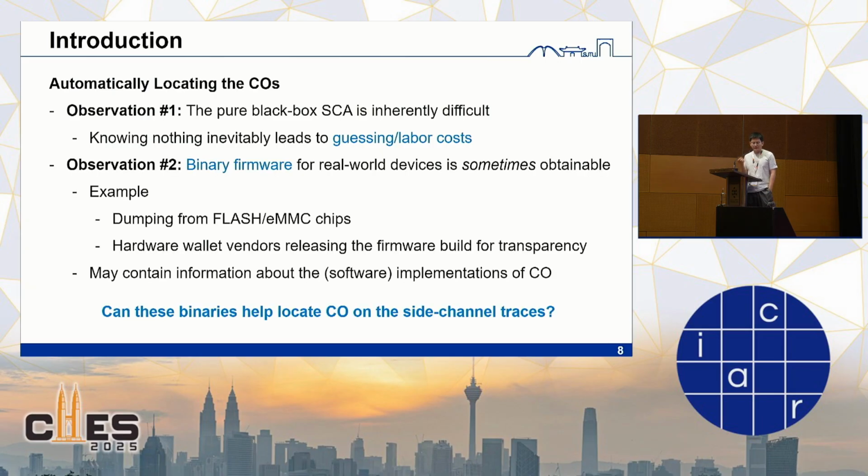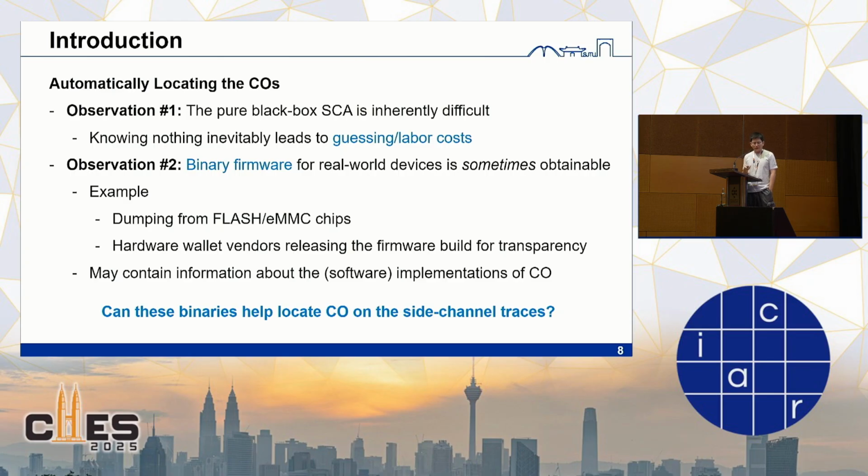And the second observation is that in real-world settings, sometimes we may obtain the binary firmware of the targets. For example, by dumping the flash or eMMC chips, or some hardware wallet vendors publish their firmware builds for transparency to their users, to make sure there are no backdoors in it.